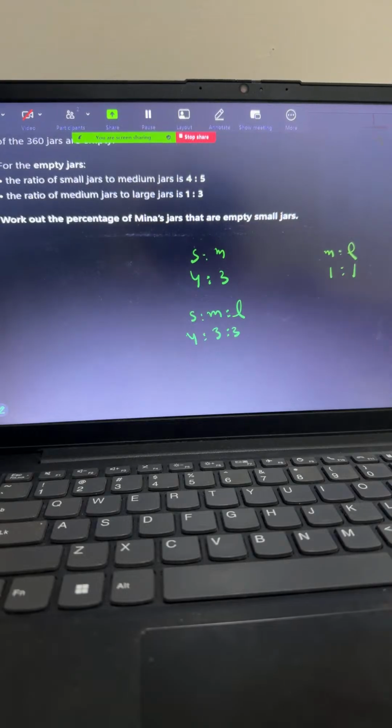Now you are going to multiply 9 with each of these ratios. Does that make sense? Please do it. So do I do 9 times 4 and then 9 times 3 and then 9 times 3? Yes, you're right.